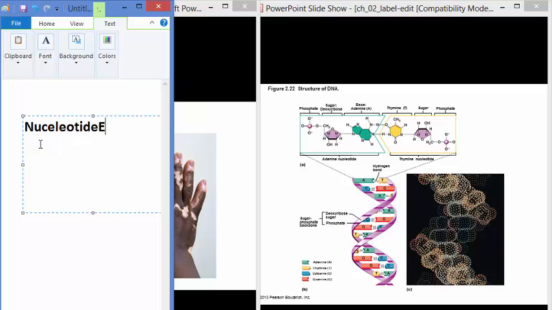Nucleotides are made up of a sugar, a phosphate group, and a nitrogen-containing base.